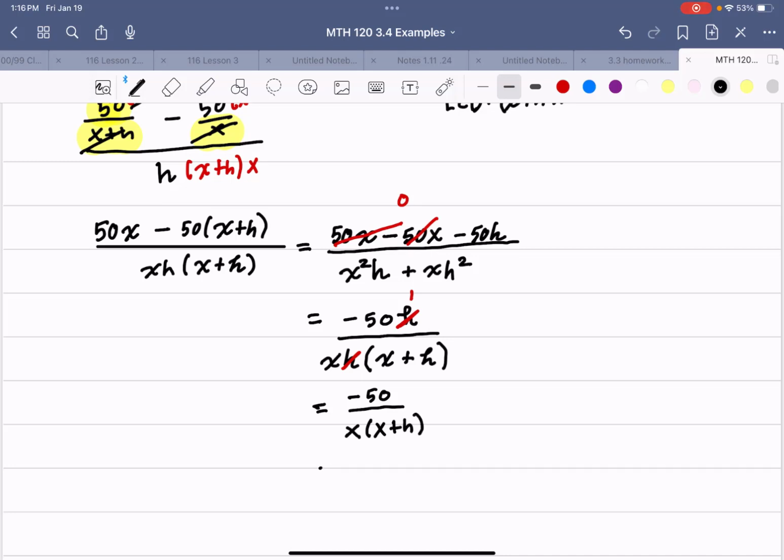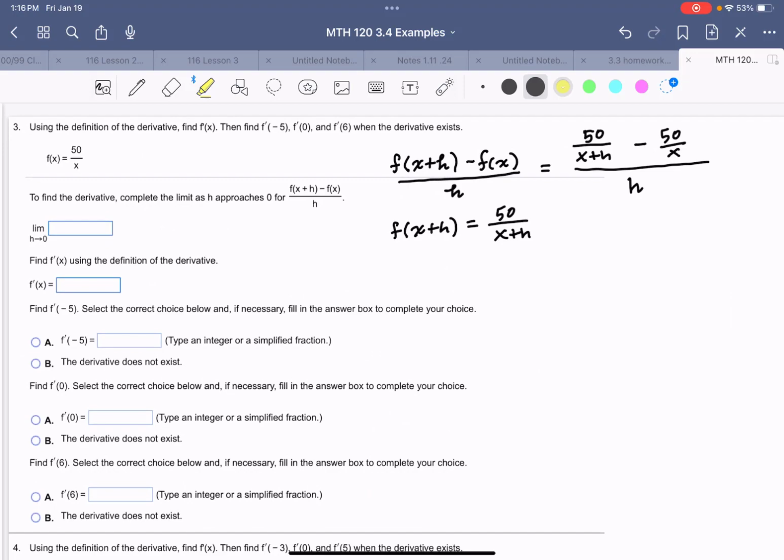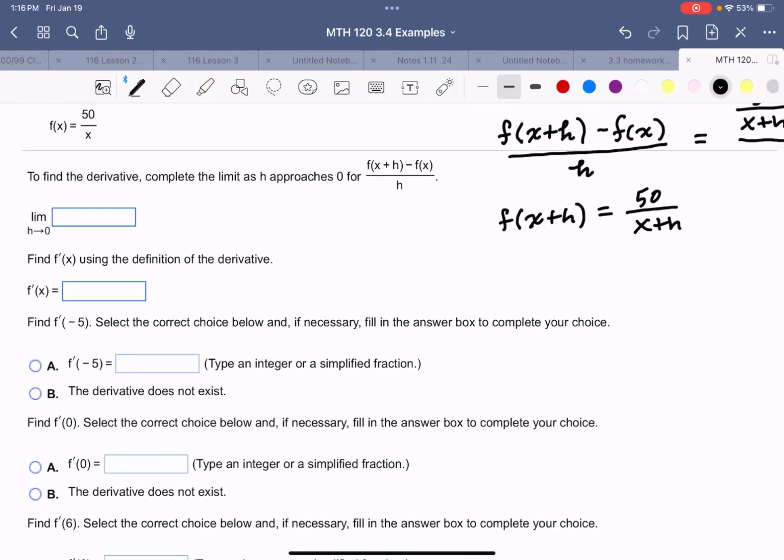And you can multiply that out, negative 50 over x squared plus xh. So that's the difference quotient, the first part of the problem that they're asking me for. So it's negative 50 over x squared plus xh.